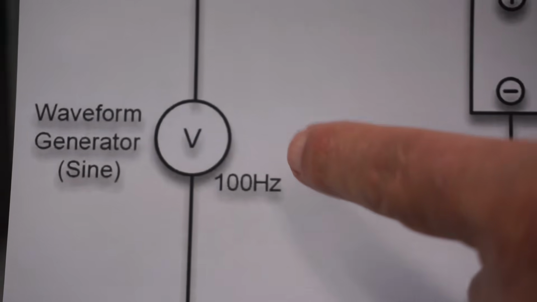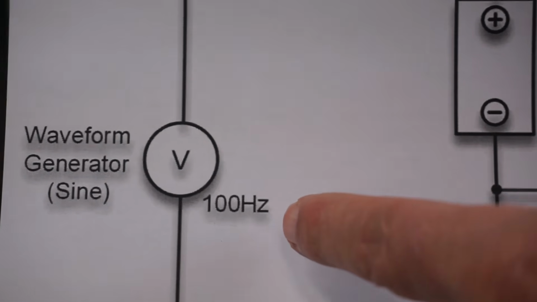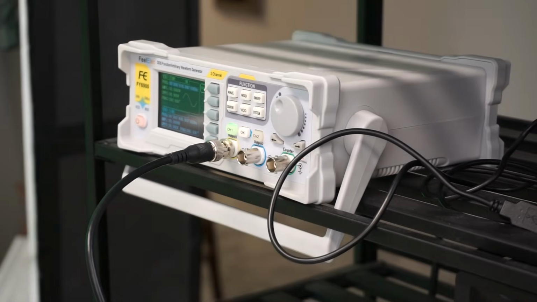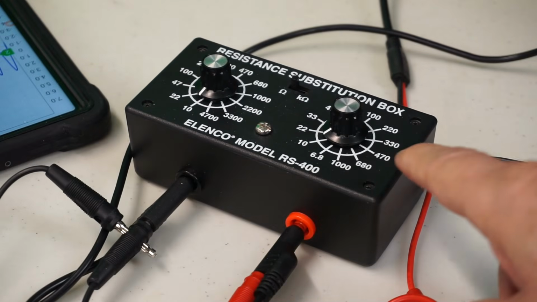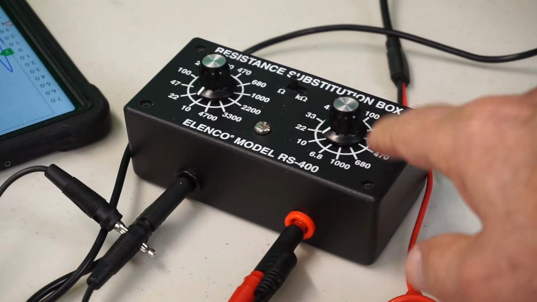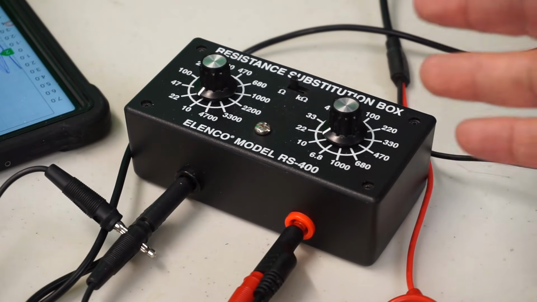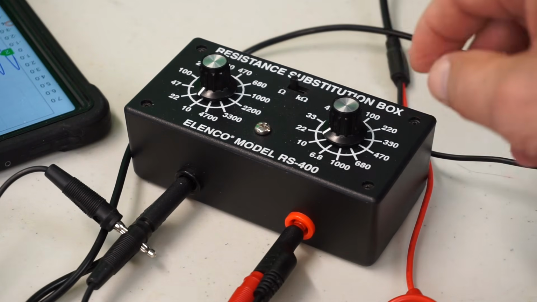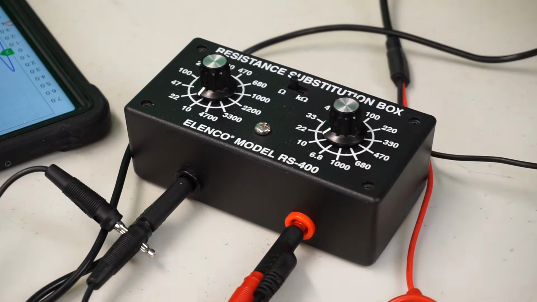So following the diagram, I'm using a waveform generator set at 100 Hertz. And for the 10 ohm resistor, this substitution box, which is set on 10 ohms right now, but also offers the ability to adjust it.